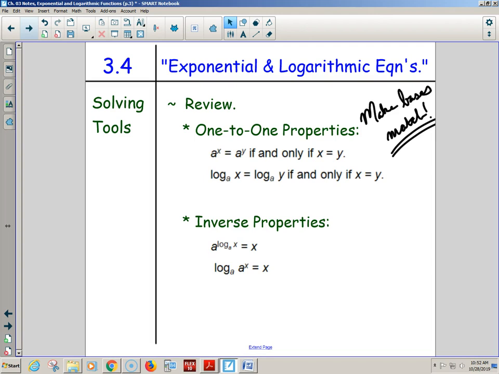The first one. Now this one's weird because it is not showing the entire equation of you doing it to both sides. This one's just showing what happens when you have a to the log base a. In essence, they simplify. I don't like saying cancel because it doesn't go to 0, but they simplify. Or log base a of a, what happens? They simplify, right? Remember, inverses undo.